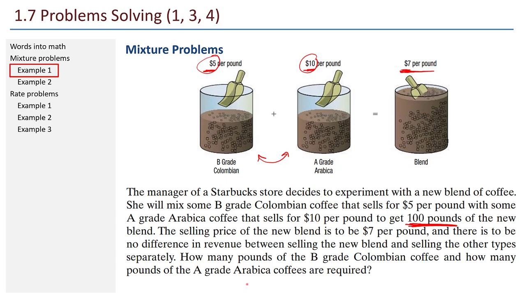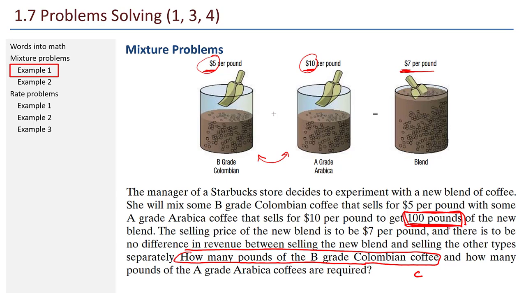Now, the first thing I want to do is define some variables. Look at the question. How many pounds of the B-grade Colombian coffee and how many pounds of the A-grade Arabica coffees are required? So, two different things I'm looking for. One of them is how many pounds of the B-grade Colombian coffee. Let's call that c. That's the number of pounds that's required. Now, there's going to be 100 pounds in total.